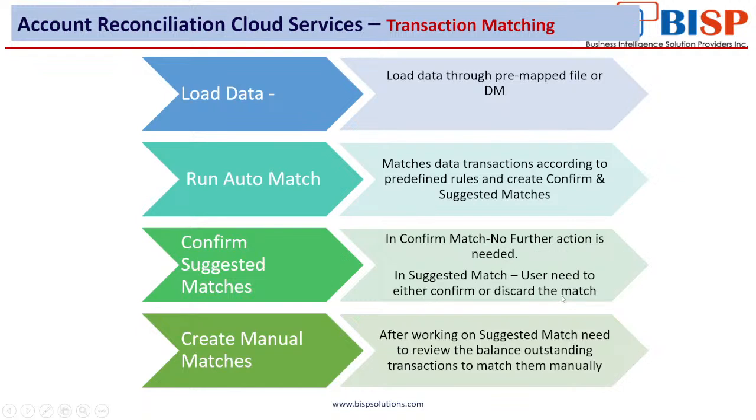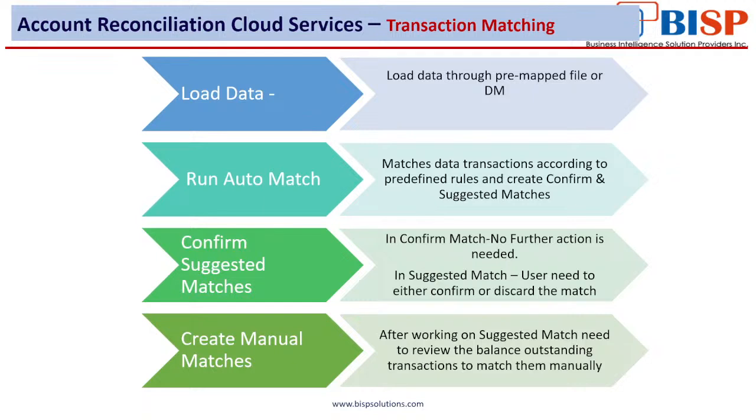And for the remaining transactions, it gives different suggestions, that there may be some minor difference in them. So for that, it provides a suggestion. And the third one is to create manual matches.